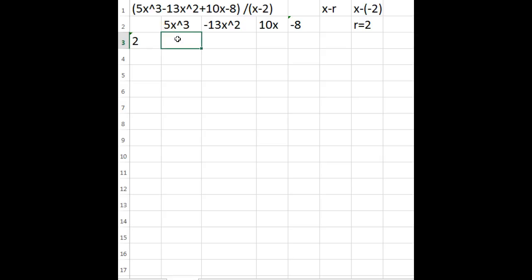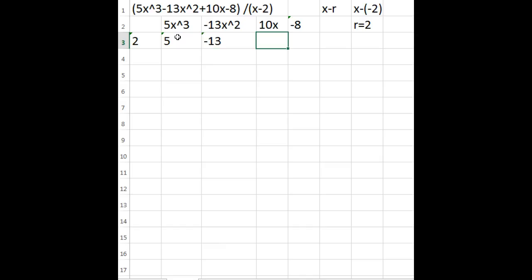To the right, in row 3, we're going to pull down our coefficients from the cells above. Our first term was 5x cubed, so in cell B3, we put a 5. In C3, we have negative 13 as our coefficient.